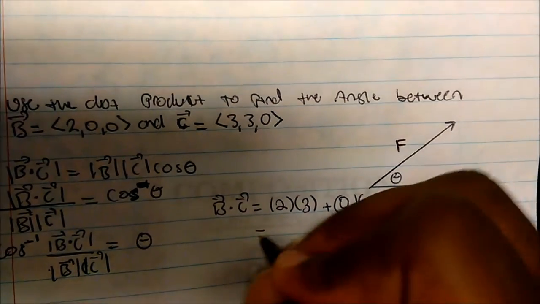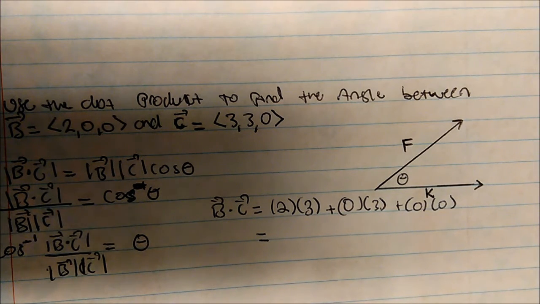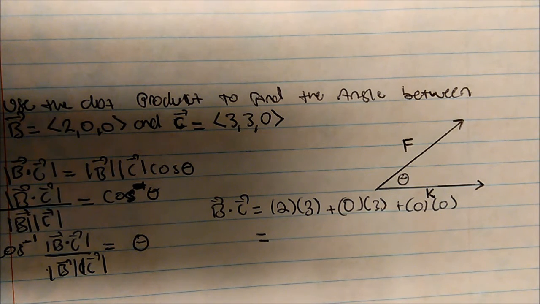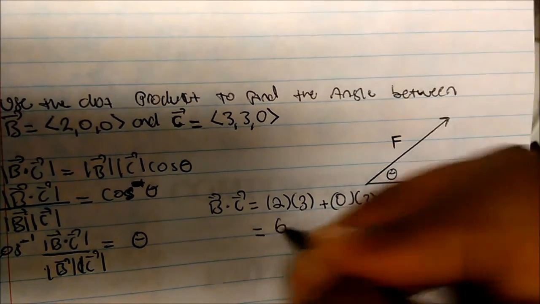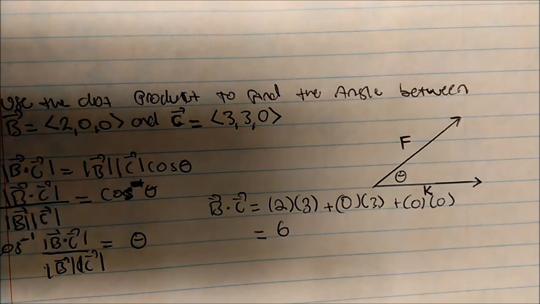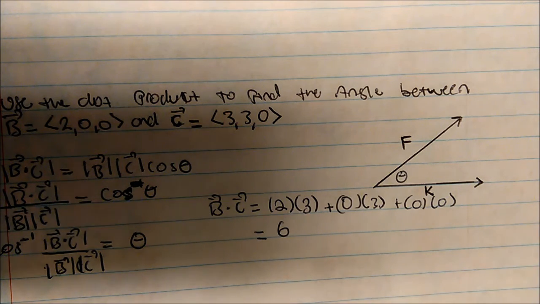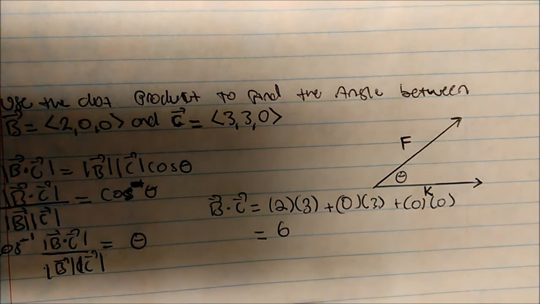And so we know B dotted into C will be equal to 6. Okay, and we don't care about units for now. Let's worry about the calculation. So that would be equal to 6.